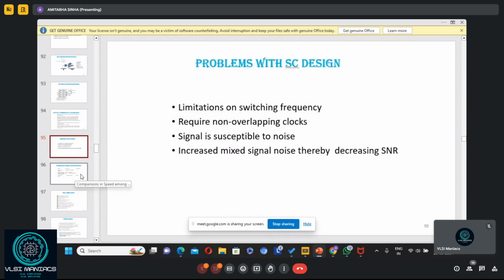So its greatest limitation is on switching frequencies, and it requires non-overlapping clocks. We have seen that one is the phi 1 clock, another is the phi 2 clock, because when some switches are on, some switches are off, and vice versa. So you'll require a two-phase clock.